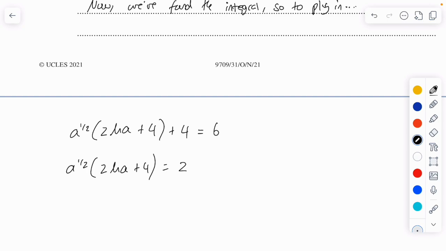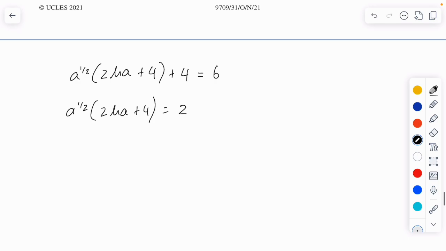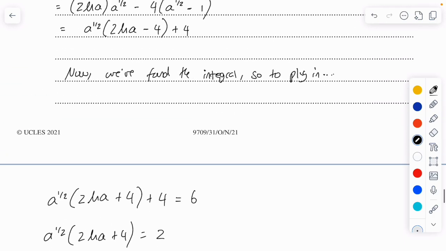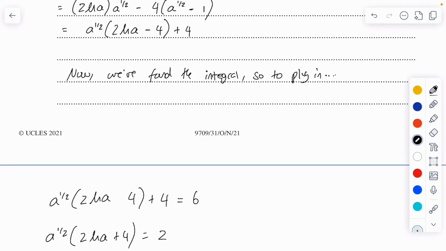Right. So we get 2 ln A. So that should be -4 over here. It's quite a tricky question.